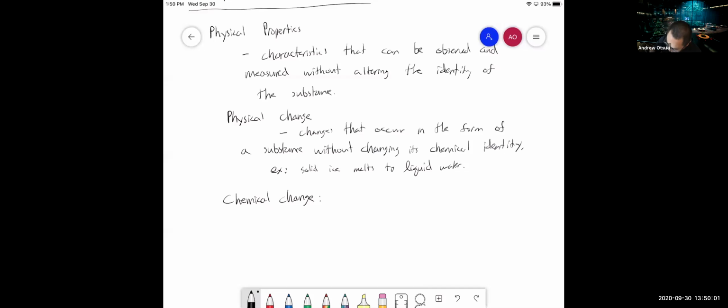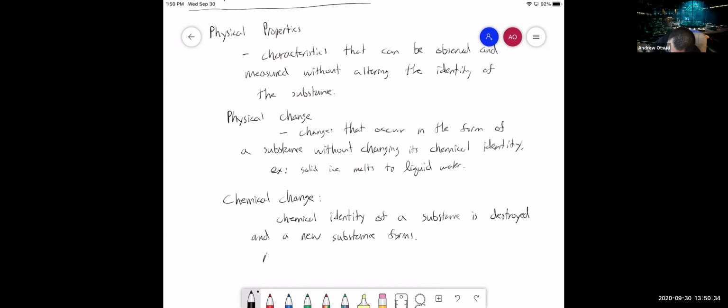So the chemical identity of a substance is destroyed, and a new substance forms. This is known as a chemical reaction.